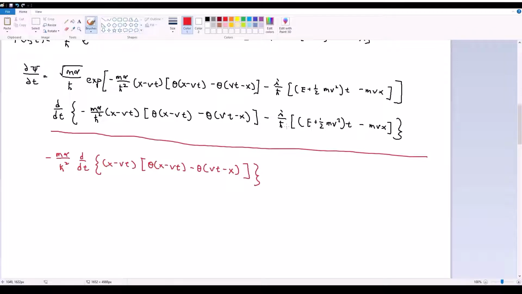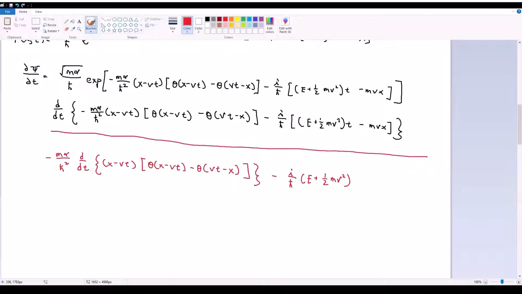So the derivative is just going to be minus I over h bar e plus 1/2 mv squared times t, which is just going to give the front. So this is going to be subtracted by I over h bar times e plus 1/2 mv squared.